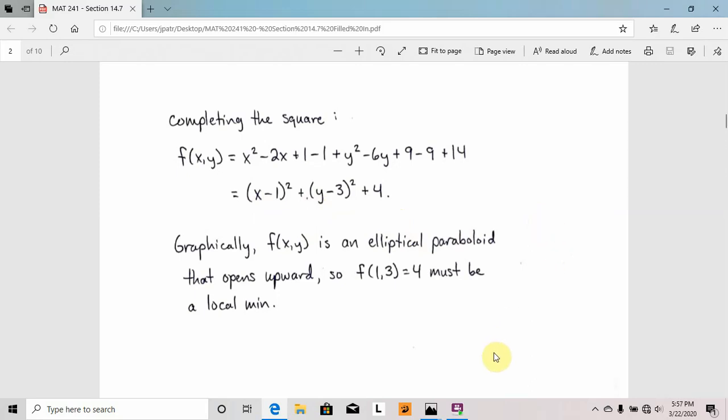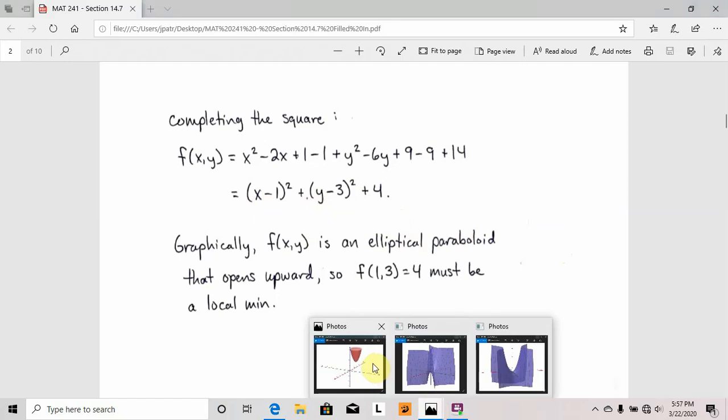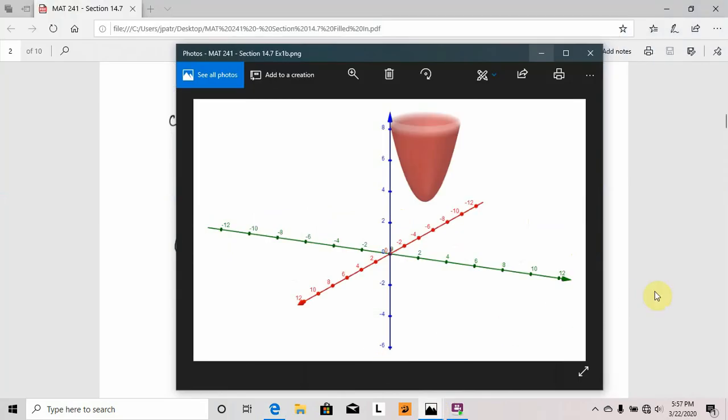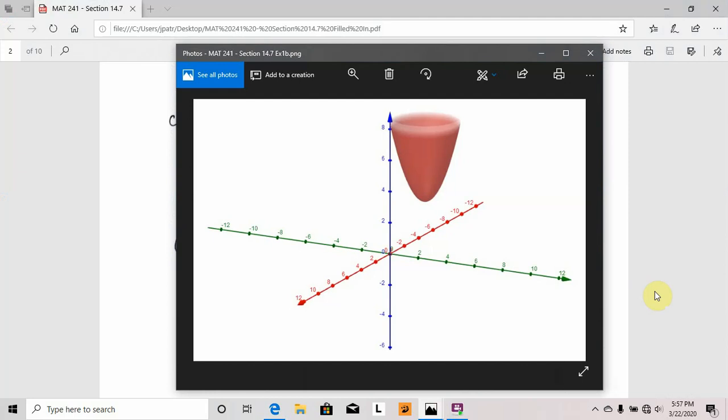Graphically, it looks like this. There it is. That's that graph. I made it in GeoGebra, and that's what it looks like. So yeah, it's a paraboloid opening upward, and right down there at the bottom is where our critical point is.